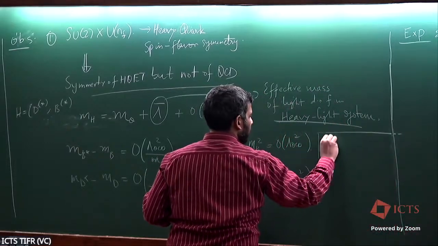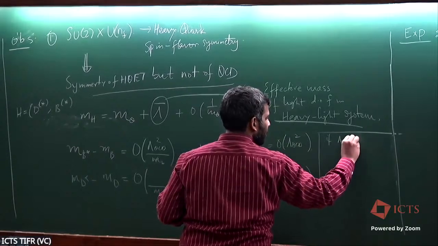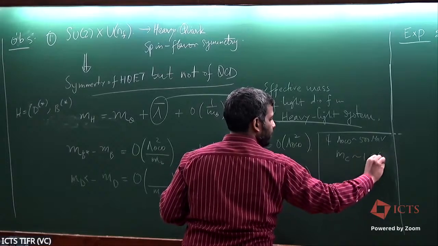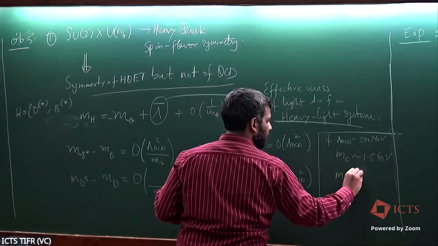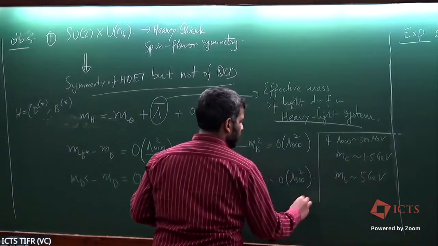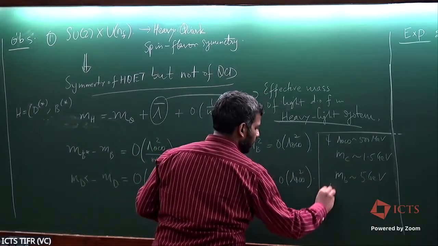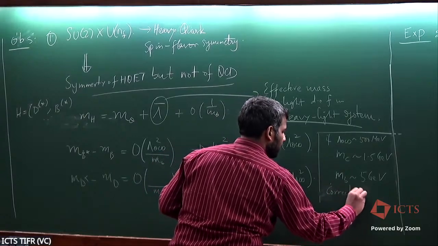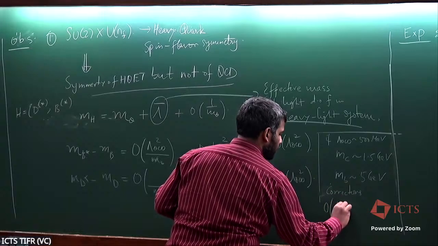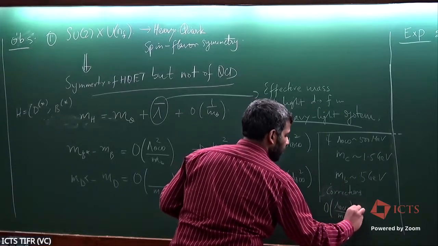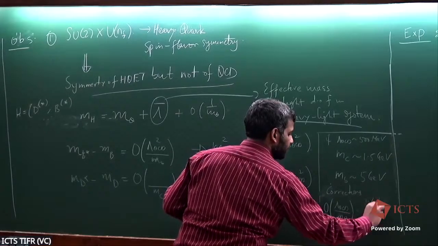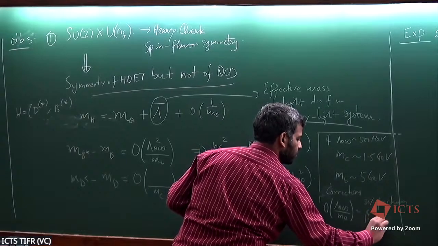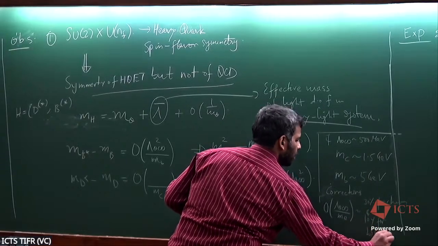So if lambda QCD is order 500 MeV, MC is 1.5 GeV, and MB is 5 GeV, the corrections that we have in HQET are generally of some order lambda QCD over MQ, which is roughly 30% for charm and 10% for bottom, which is just coming from the ratio.